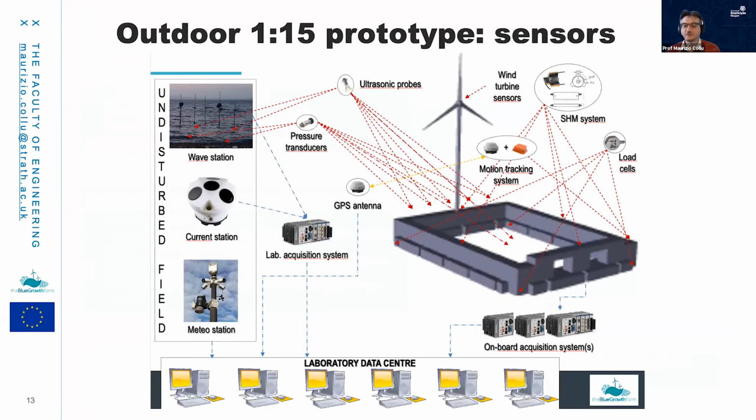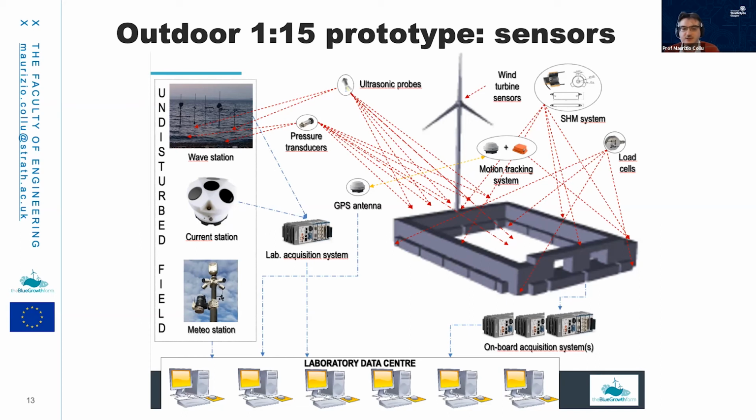This is an overview of the sensors with which the 1 to 15 scale model is equipped. You have a huge array of sensors, to be honest with you. It was quite complicated to arrange. First of all, on the left side, you can see the wave station, the current station, and the meteo station, in order to make sure that we know what the input metocean conditions are.